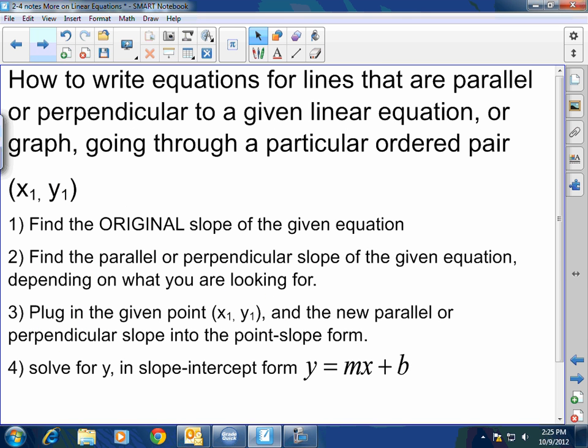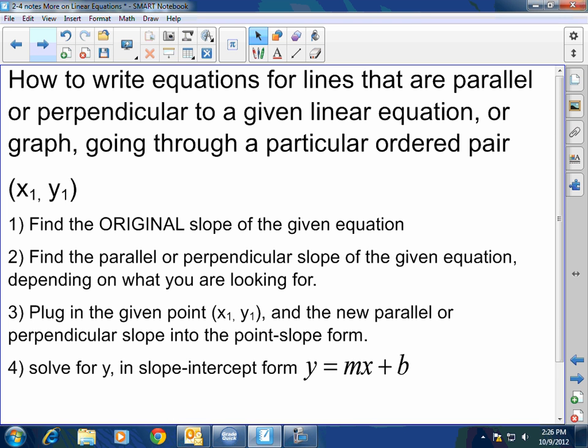Last thing. How to write equations for lines that are parallel or perpendicular to a given linear equation or graph, going through a particular ordered pair, x1, y1. All of this is already on your paper, guys. First, find the original slope of the given equation. Second, find the parallel or perpendicular slope, depending on what you're looking for. If they're asking for parallel, you look for the parallel slope.